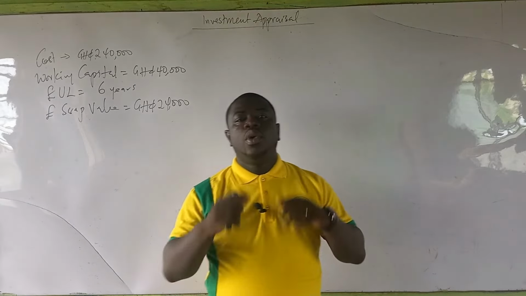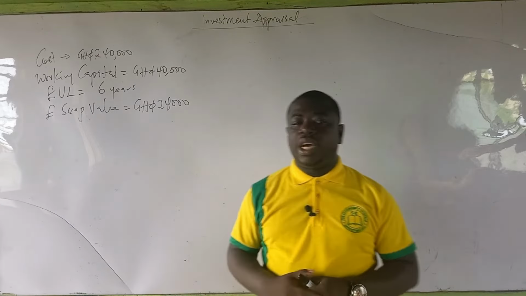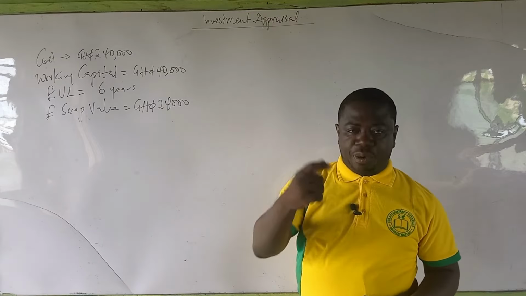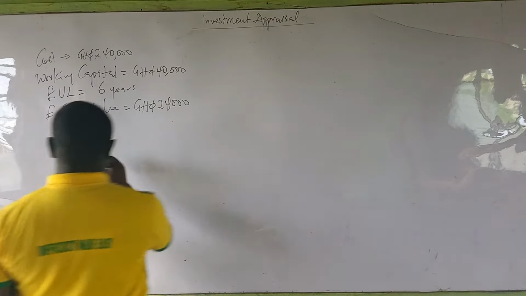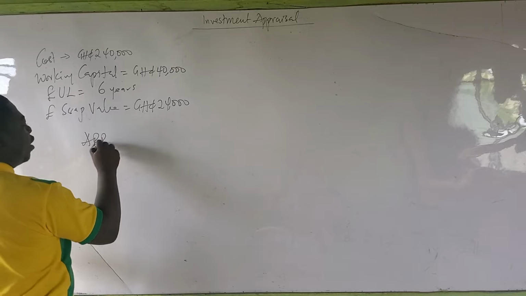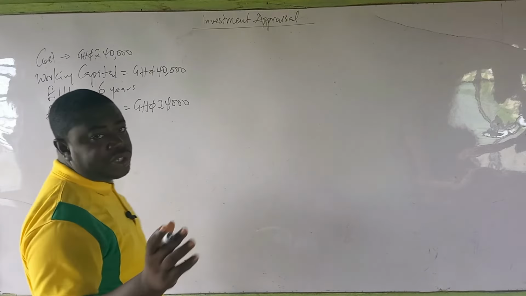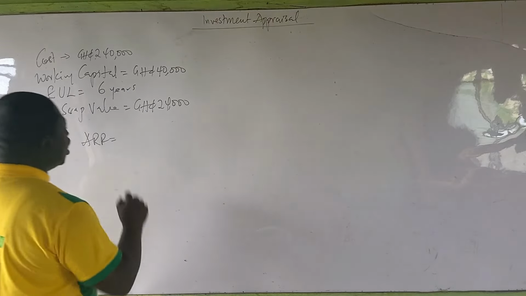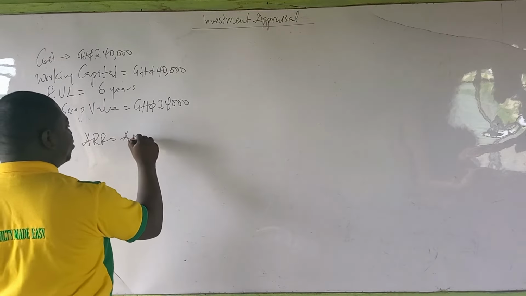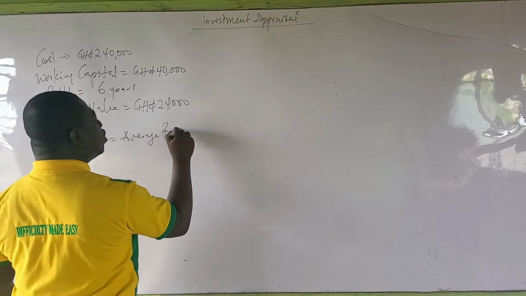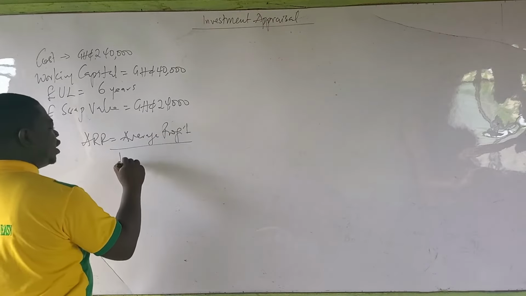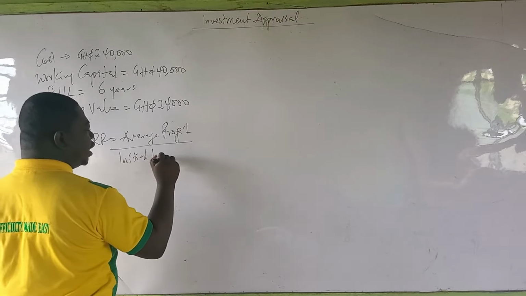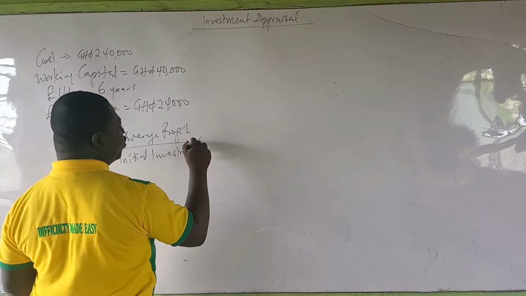Now, what we need to do is that we all know that we have to get the average profit, the formula for accounting rate of return, ARR. We are using two approaches. We are using the initial cost approach and the average investment approach. But whichever it is, your average profit over the initial investment, that is if you are going by the initial investment approach, times 100.